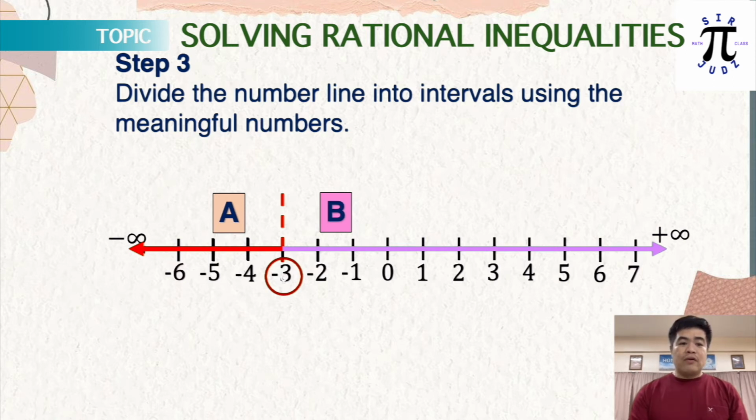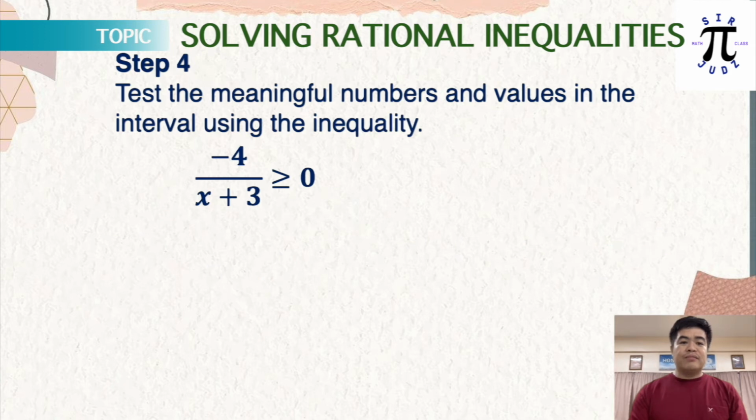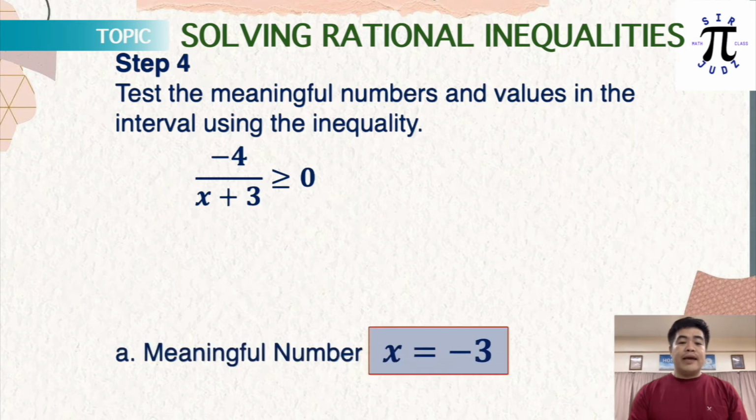So, in step 4, we're going to test the meaningful numbers and values in the interval using the inequality. So, we have our meaningful number, x equals negative 3. I-test natin yan by substituting it to the inequality kung pwede ba siyang maging solution ng inequality mo. Substituting negative 3 on x, you will have negative 4 all over negative 3 plus 3.